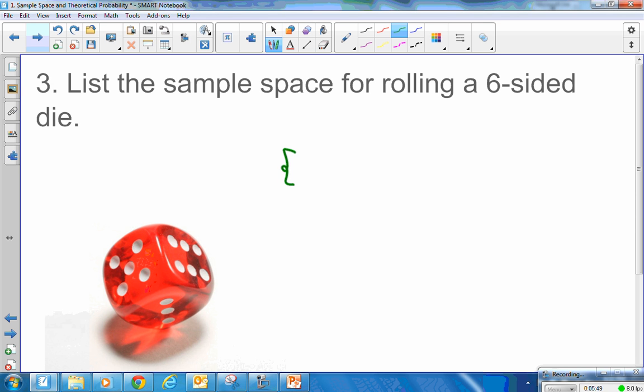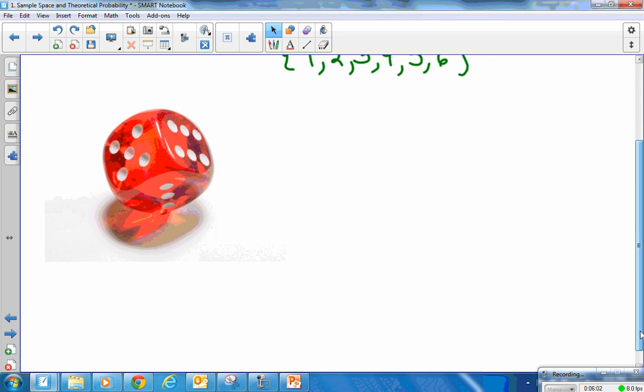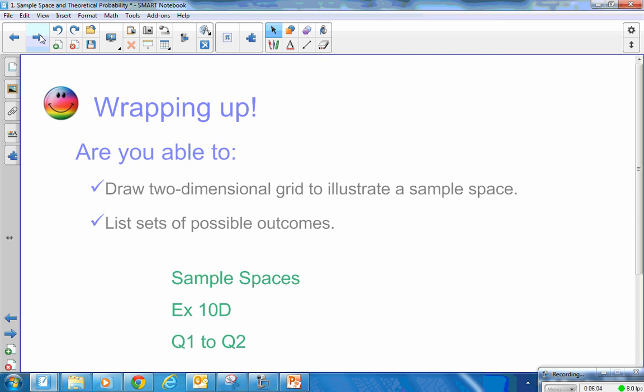The sample space of a 6-sided die is 1, 2, 3, 4, 5, and 6. So please go to your sample spaces, exercise 10D questions 1 to 2.